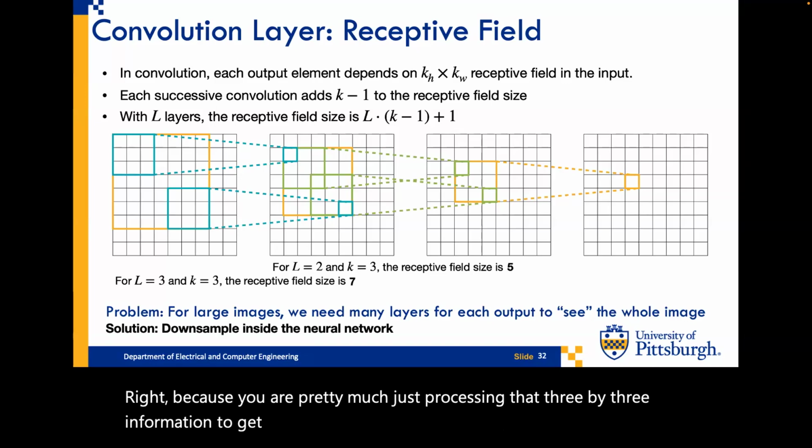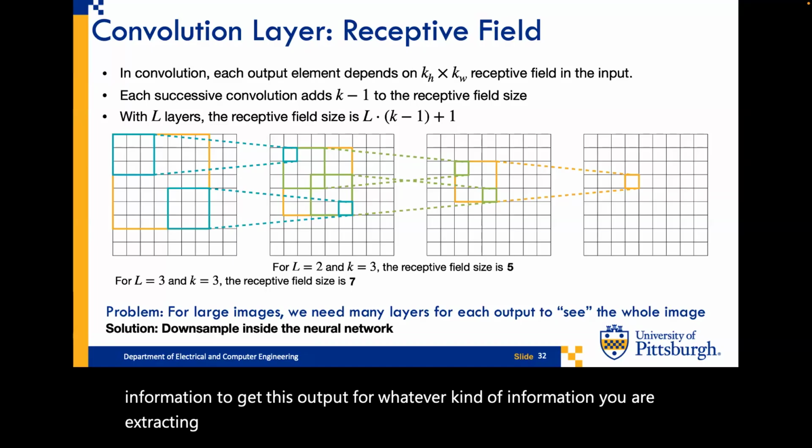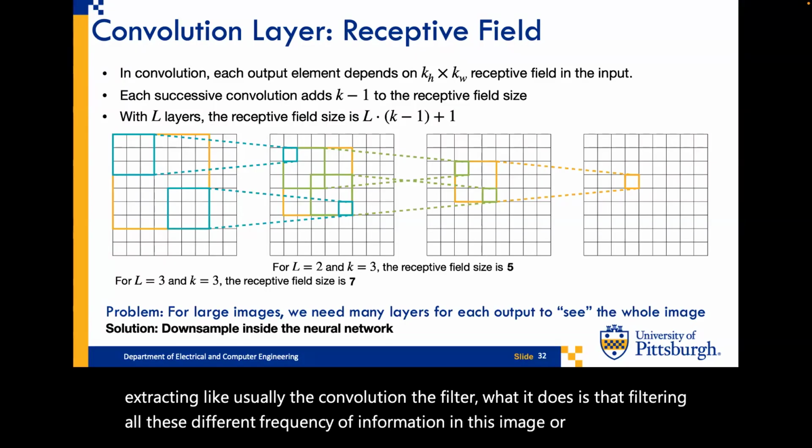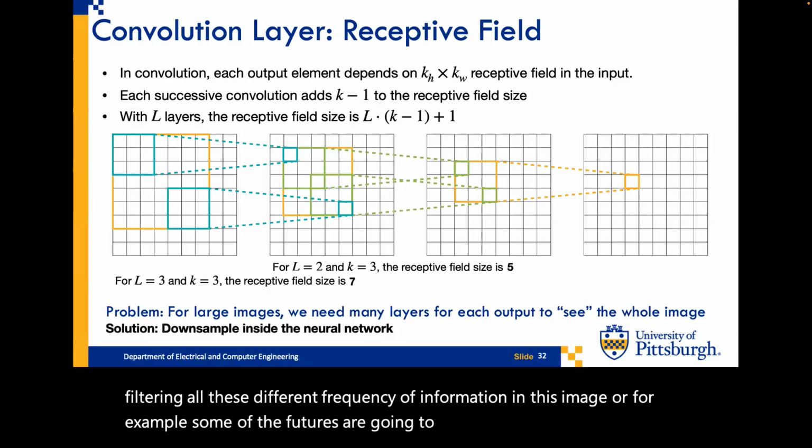For whatever kind of information you are extracting, usually what the convolution filter does is filter all these different frequencies of information in this image. For example, some of the filters are going to capture the edge of the shape, like the dog shape.